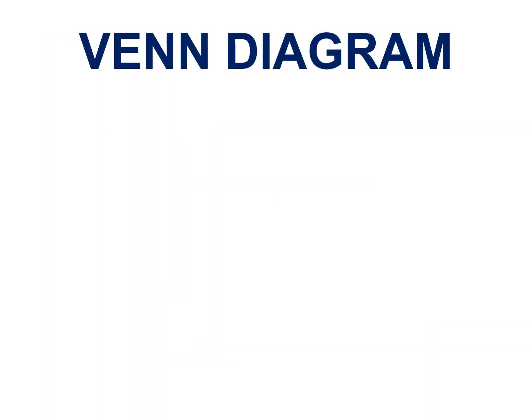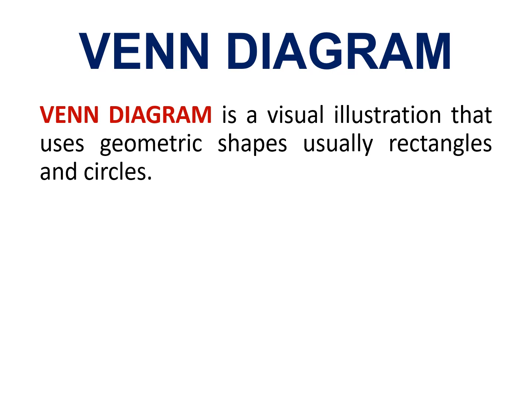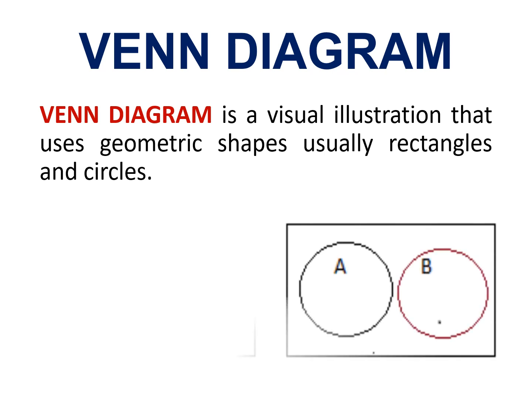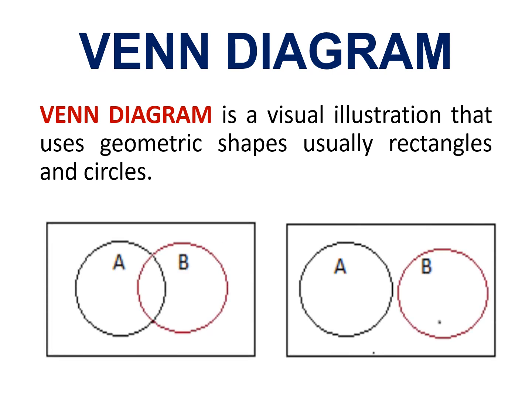Now let's consider the Venn diagram. What is the Venn diagram? The Venn diagram is a visual illustration that uses geometric shapes, usually rectangles and circles. In this case, we are going to use circles. Look at the appearance of our Venn diagram.